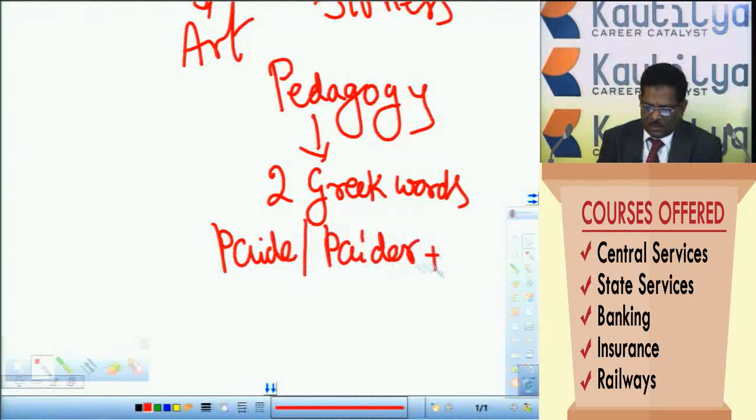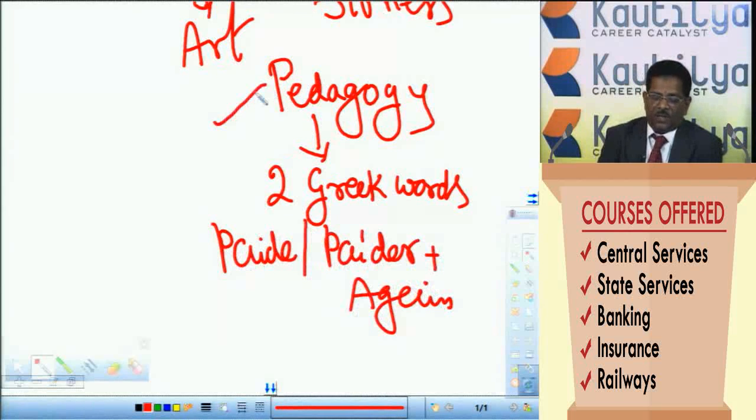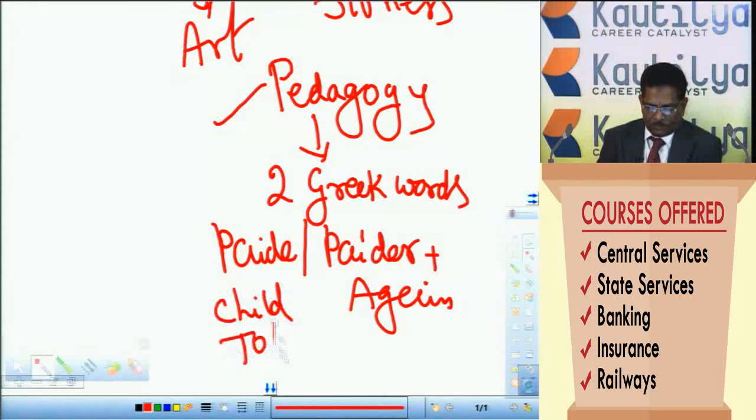plus again. These two Greek words resulted in the formation of the English word pedagogy. Here paid or paider means child, and again means to lead.